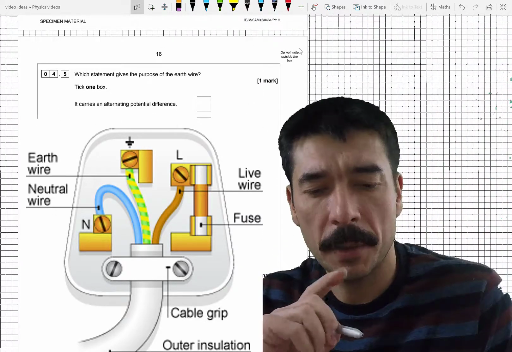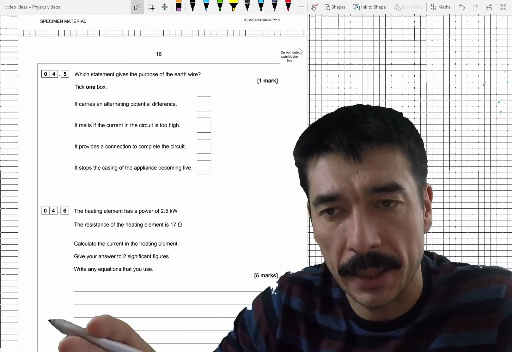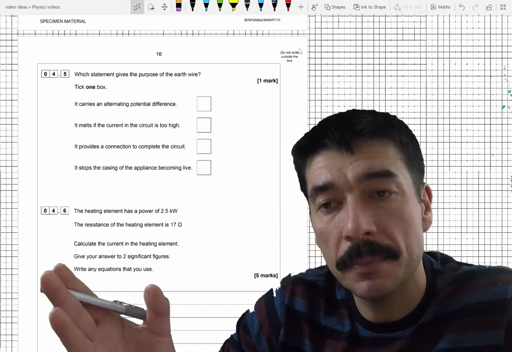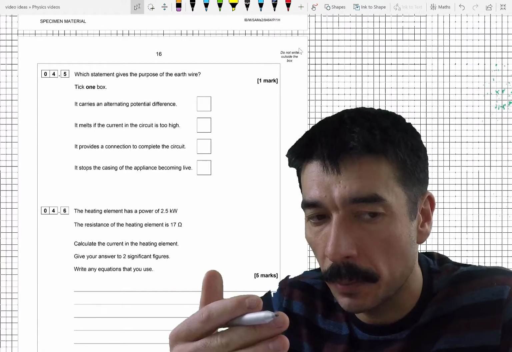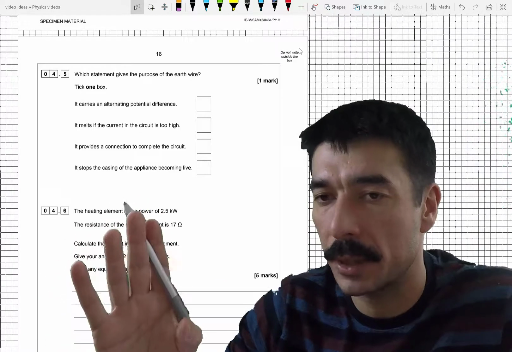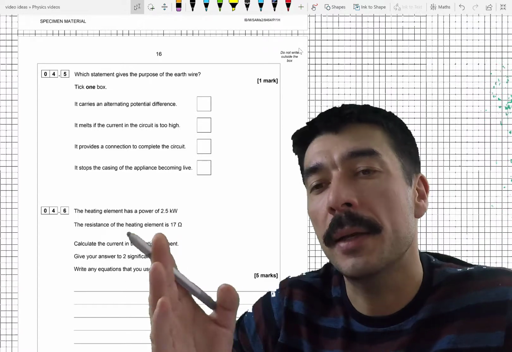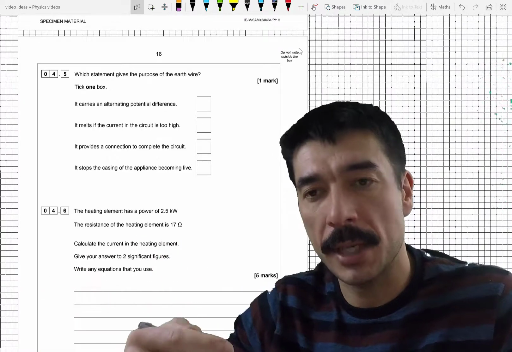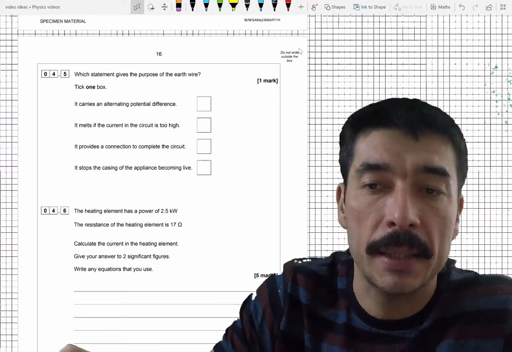Which statement gives the purpose of the earth wire? Right, well, the earth wire is attached to the casing, and if the casing comes into contact with any live wires, it's got the potential to electrocute you, right? Sitting there waiting to electrocute you. But if you connect the casing to an earth wire, then the thing automatically shorts out, melts the fuse, and disables the device, basically.